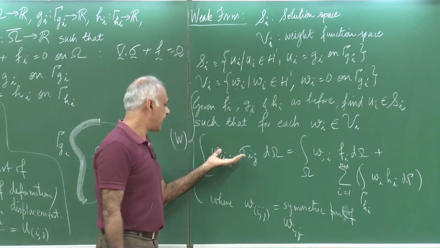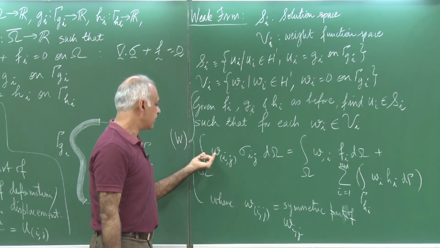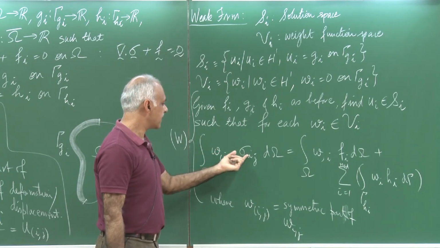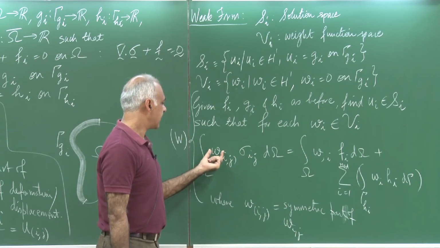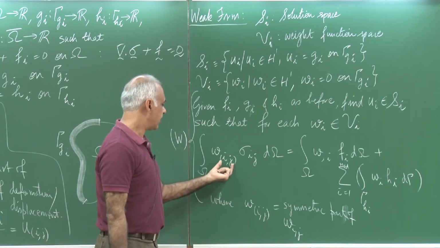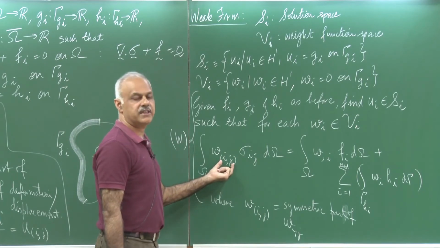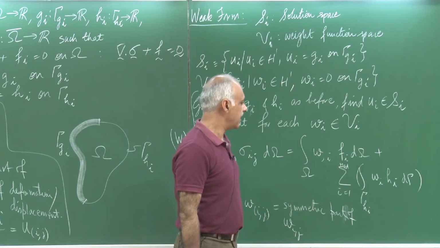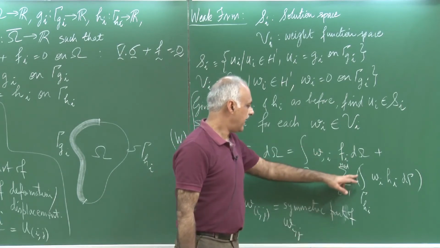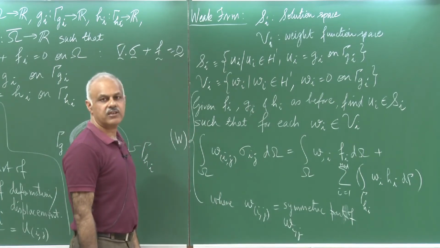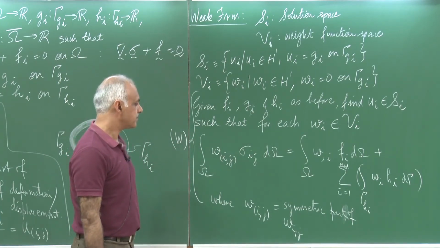The equation is simply that I take a vector w and the gradient of that, but since the product involves a second order tensor with another second order tensor where sigma is symmetric, I am only going to be using the symmetric part, as I have just shown you. This is of course the force vector, and this term comes from the boundary conditions, which we are going to talk about very shortly.